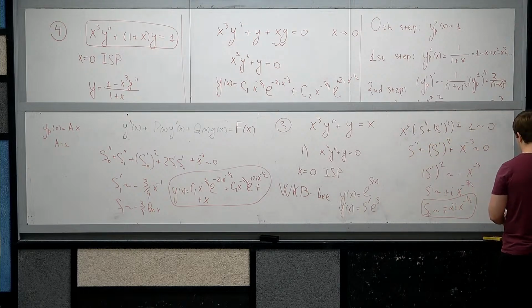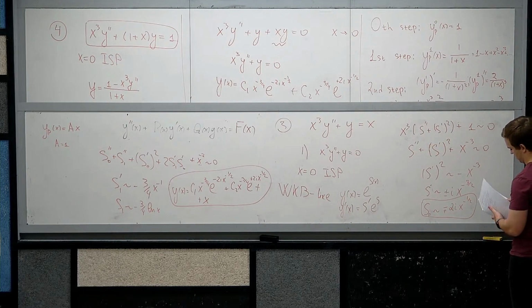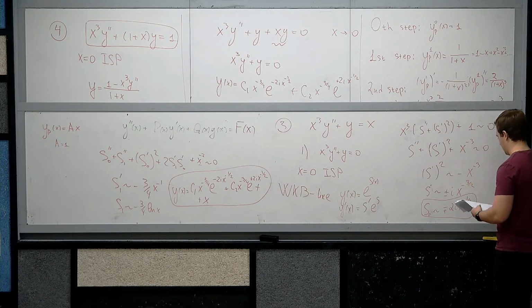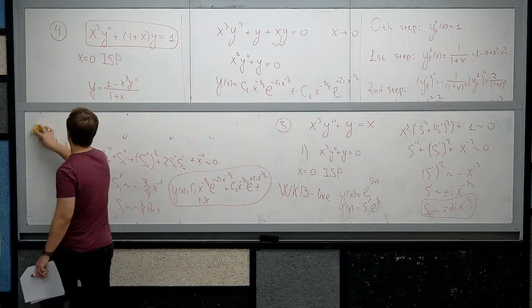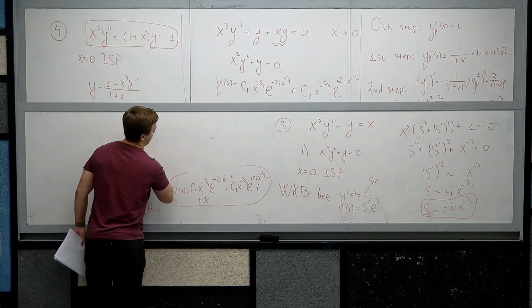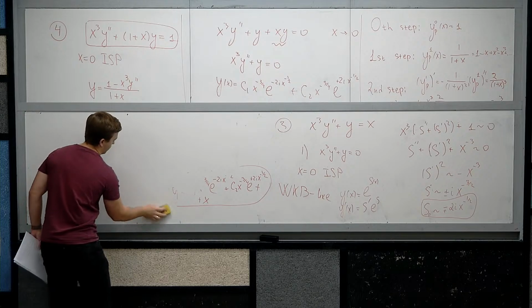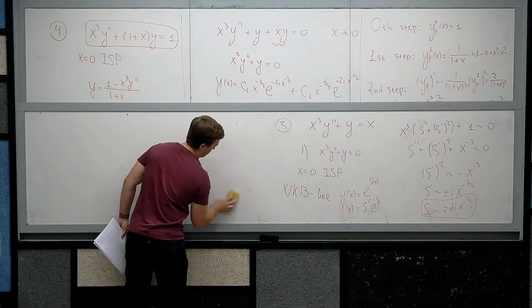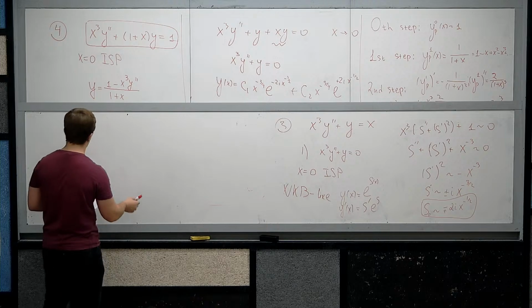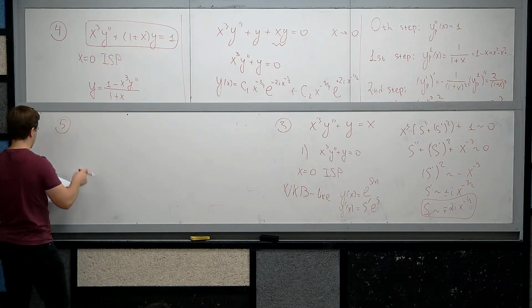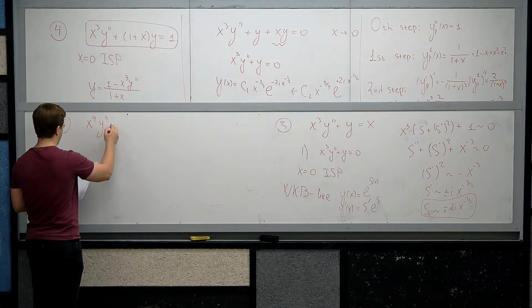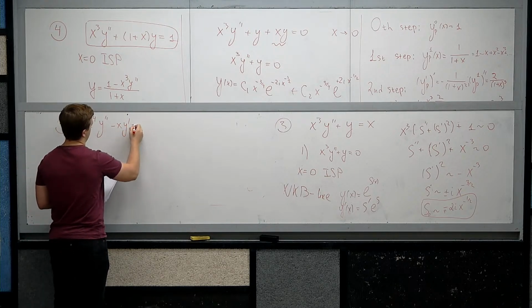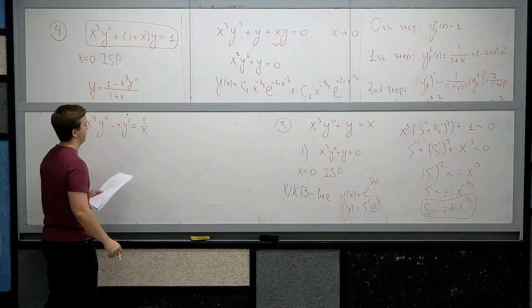Okay, the last example here, example number 5: x to the 4th y double prime minus x y prime equals 1 over x.